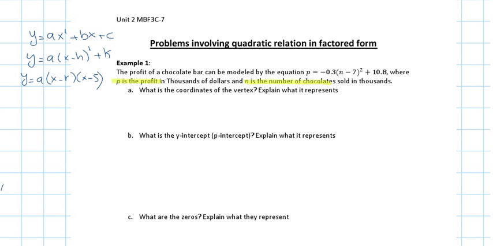It's called the vertex form. What can you find from it? The vertex, right? So you can find the vertex. What can you find from the factored form?